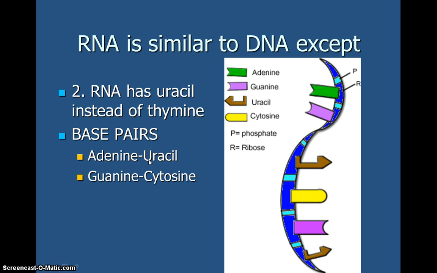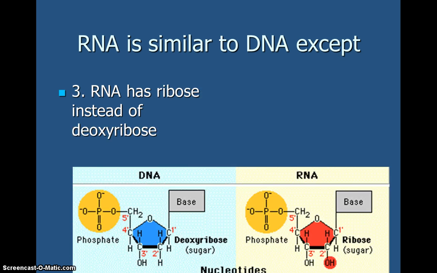Now how I always remember that is just the alphabet. It's moving 1 letter down. Also another similarity is that RNA has ribose instead of deoxyribose. So here's their chemical structure. And we have deoxyribose here, and we have just ribose here.